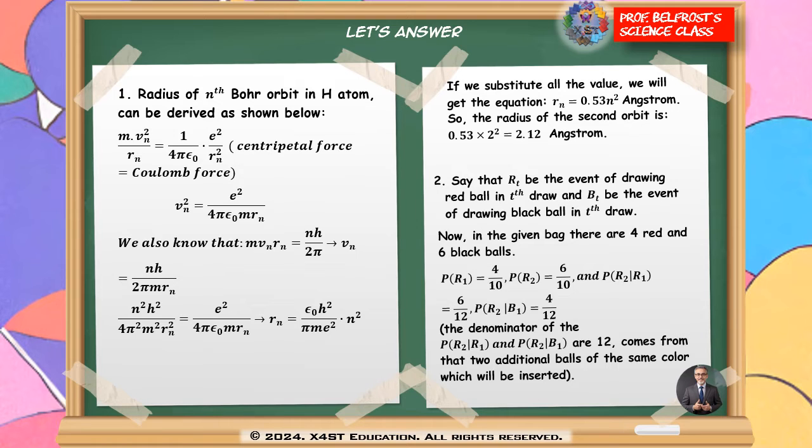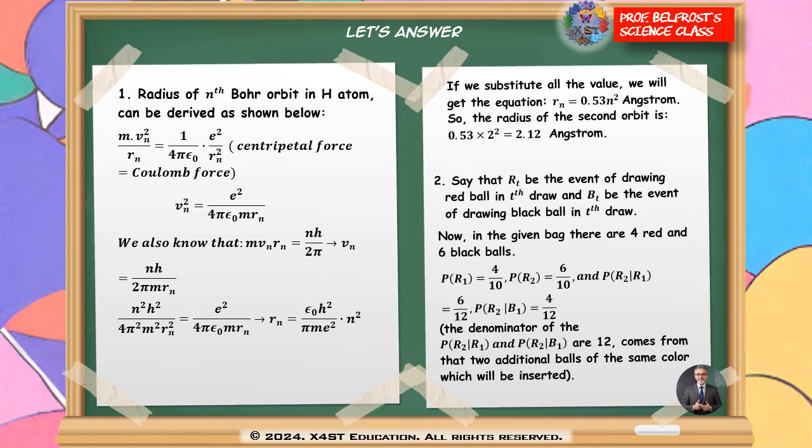So actually, it's very easy to solve, and you get the Vn squared, which is shown in the equation in the slide. Also, we need to know another equation. This maybe needs a little effort to memorize, which is m Vn times rn equals nh divided by 2 pi. Here h is the Planck constant, which is not a good number to memorize, but don't worry, most of the time the exam paper states the constants being used.